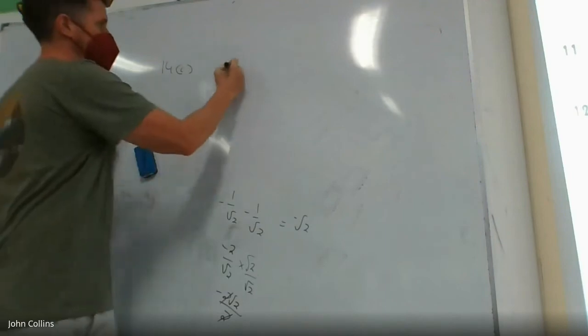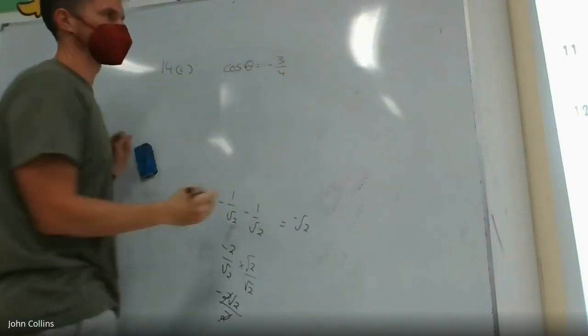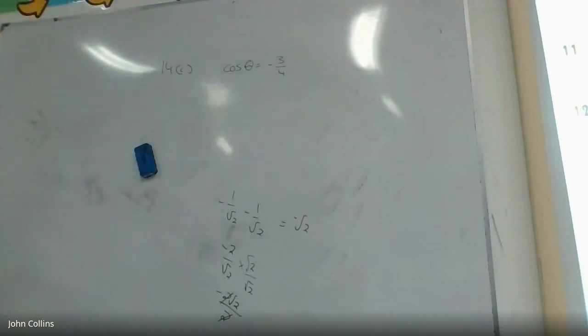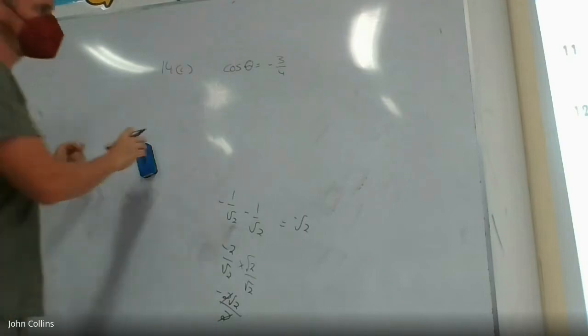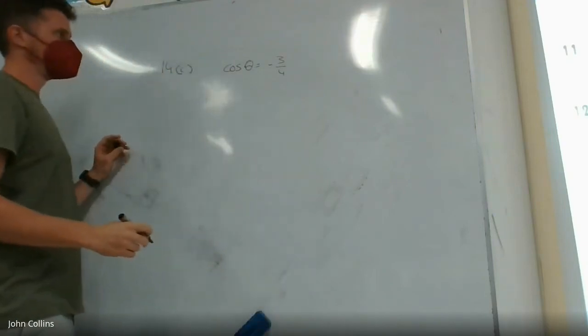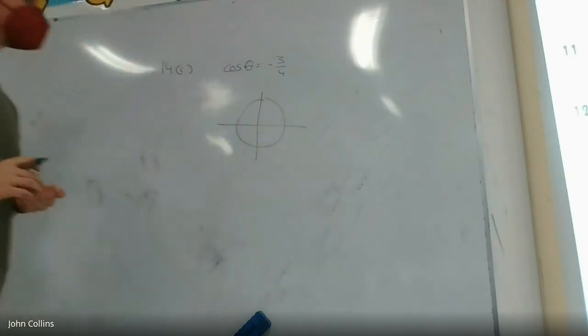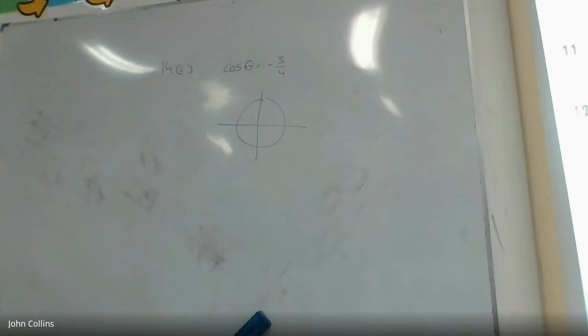So we know cosine theta to be minus 3/4, and we want to find the exact value of pi minus theta.